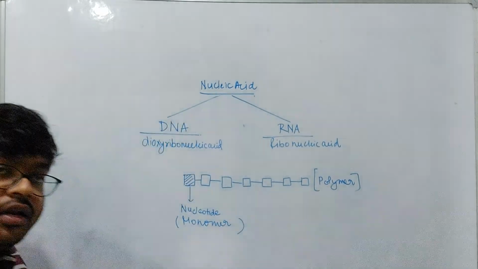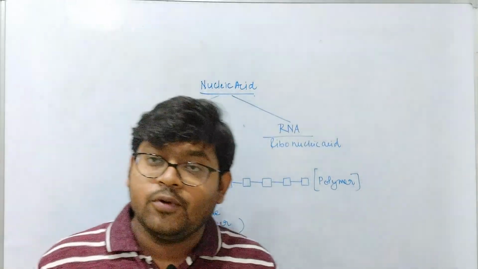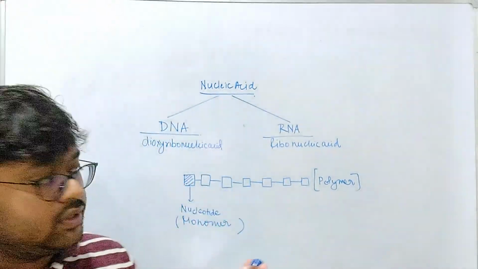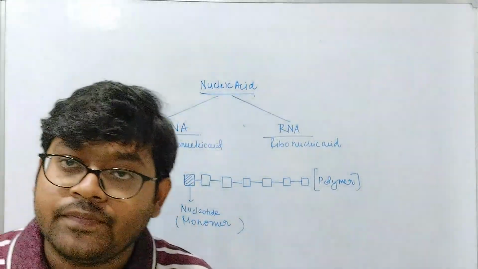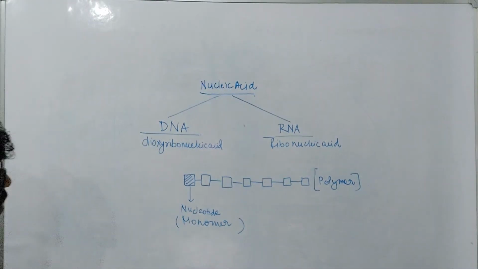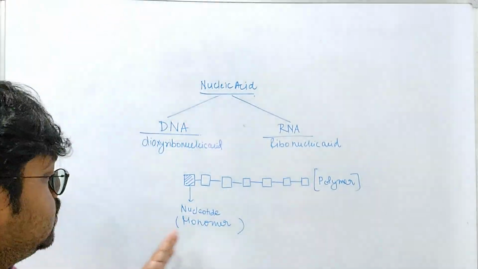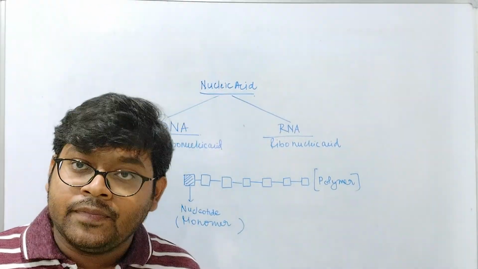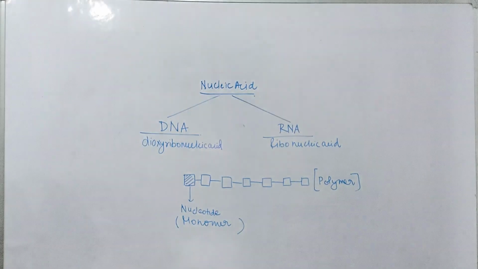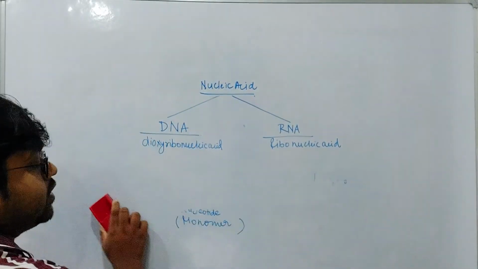Several monomer units combine and result in the formation of a polymer like nucleic acid. Now our job is to see what is the structure of this nucleotide. So for this we have to see what are the components of nucleic acids. So let's erase this and try to understand.